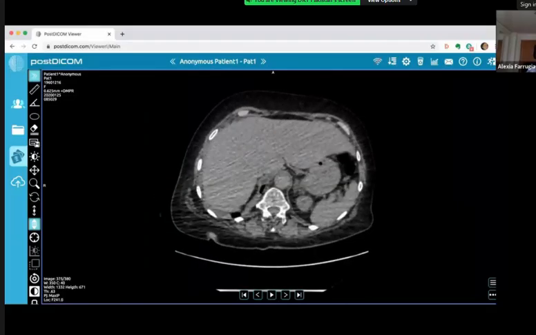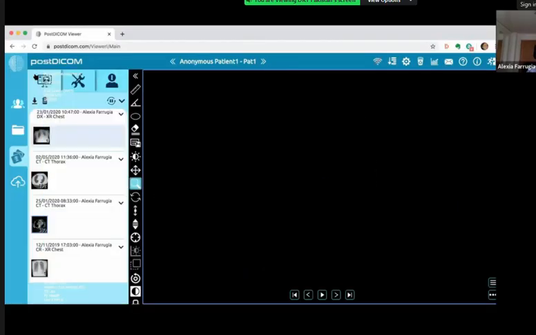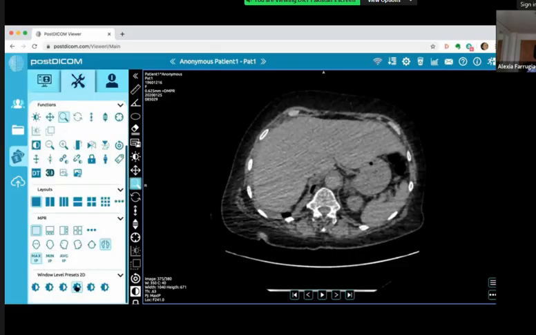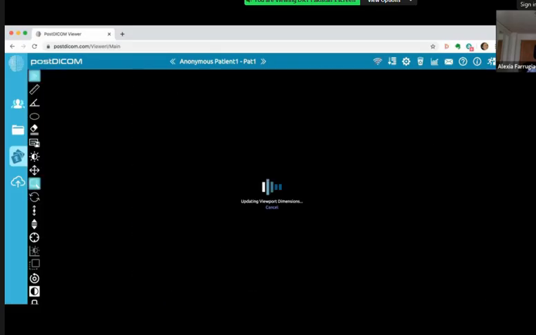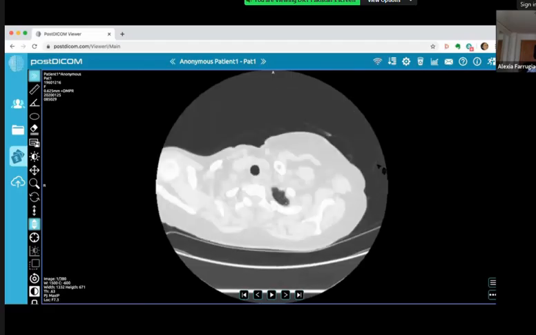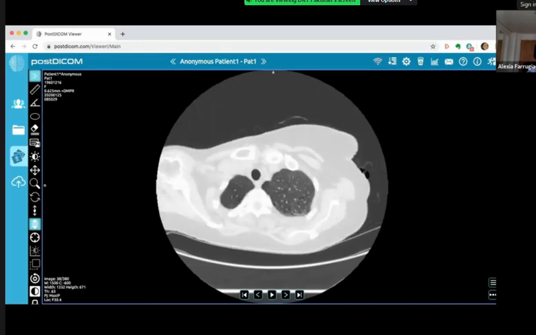And now I will change the window and we'll look at the lungs. Okay. So I will scroll through it again on lung window now. So focus on the lungs.